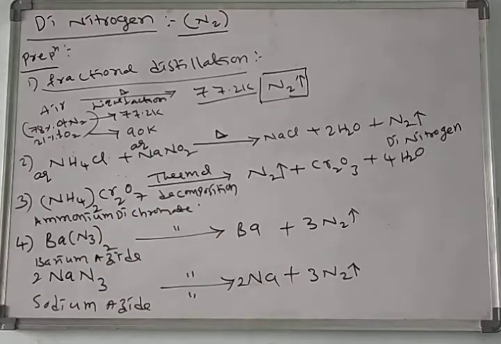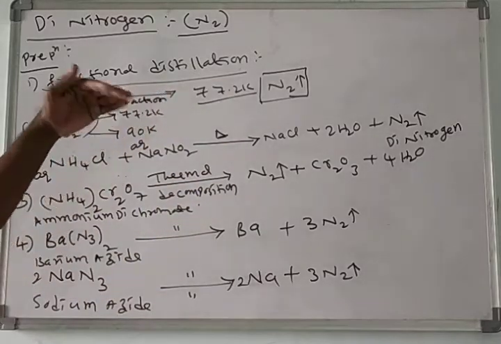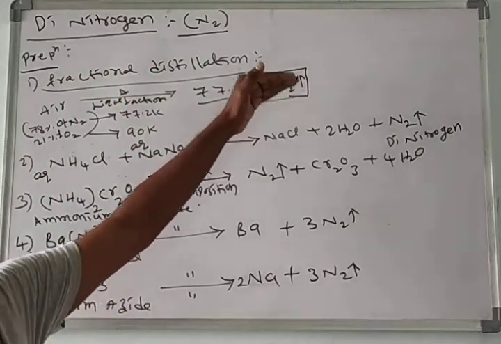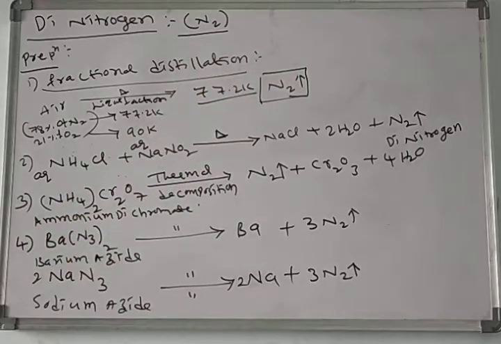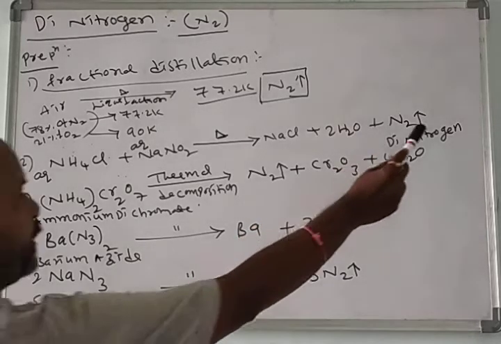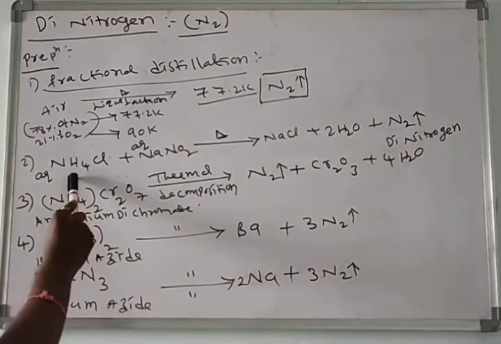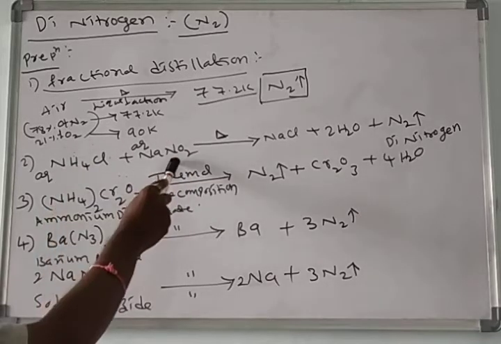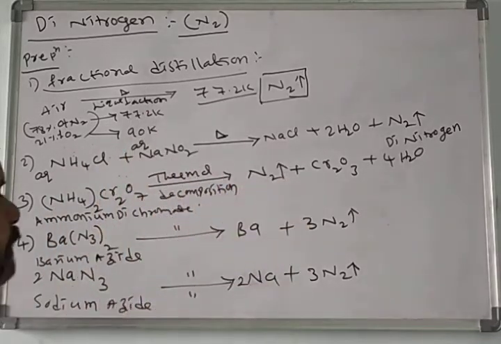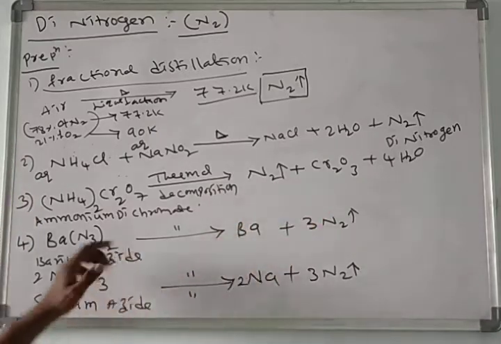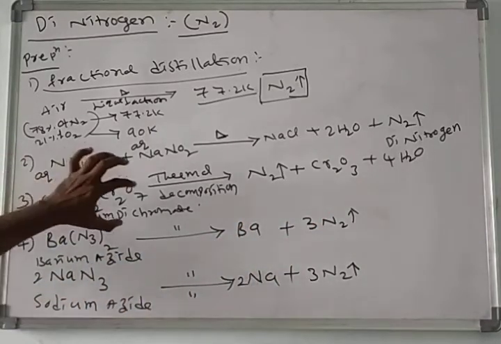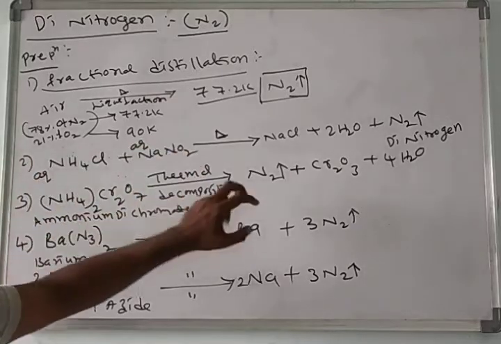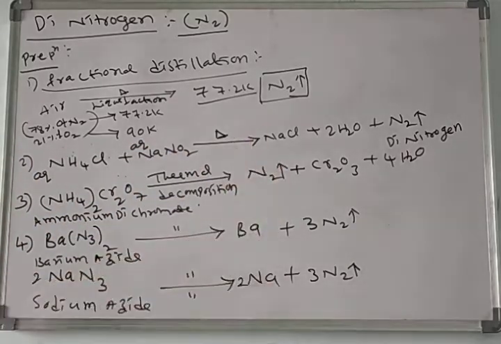What is the first method? The fractional distillation of air gives dinitrogen at 77.2 Kelvin. Second, dinitrogen gas is formed by the reaction between aqueous ammonium chloride and aqueous sodium nitrite. Third, the thermal decomposition of ammonium dichromate releases dinitrogen gas.